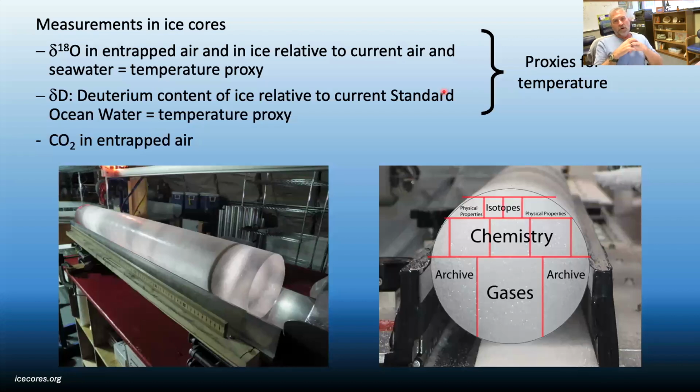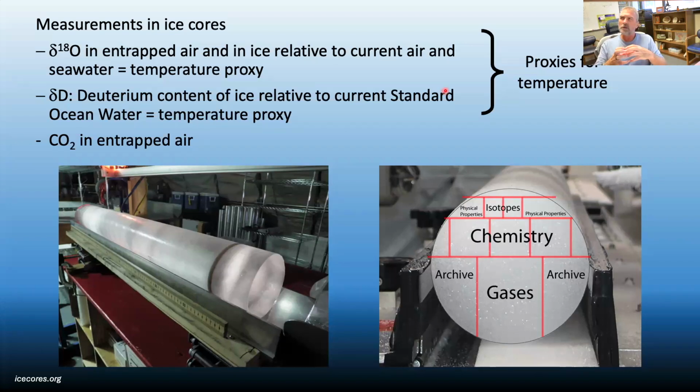All right. So we can look at the change in oxygen, for instance, that is trapped in that air relative to the current air in seawater. And this can be a temperature proxy for us, okay? We can also do that with deuterium.